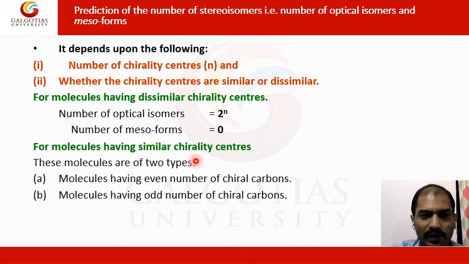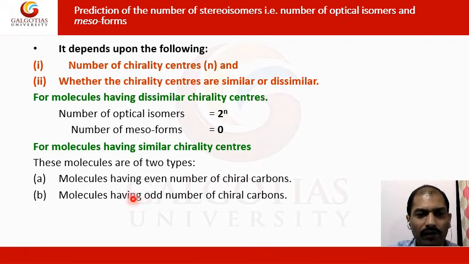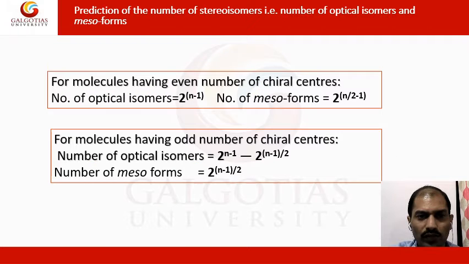For a molecule having similar chirality centers, these molecules are of two types: having an even number of chiral centers, like 2, 4, 6, or an odd number of chiral centers, like 1, 3, 5, 7 onwards. This is very important to check first, as it will help you to designate them.